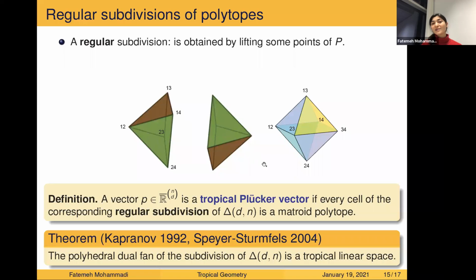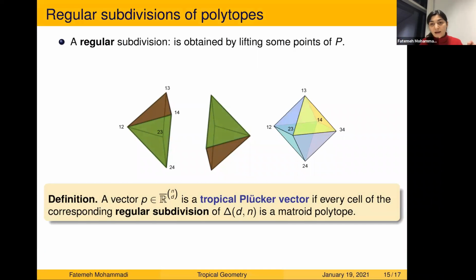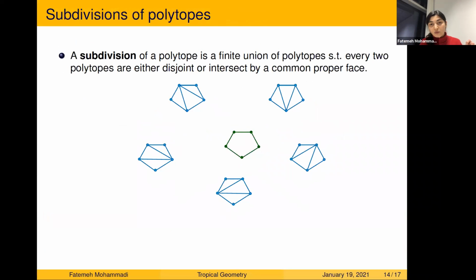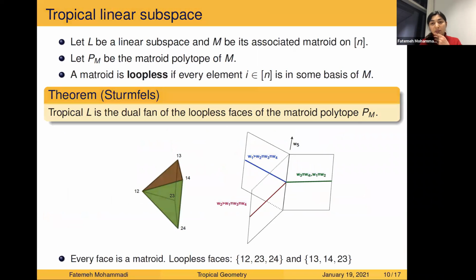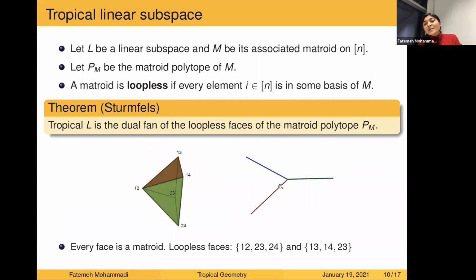And for the other polytope, it's the mirror image of this one, and they're glued along this edge.